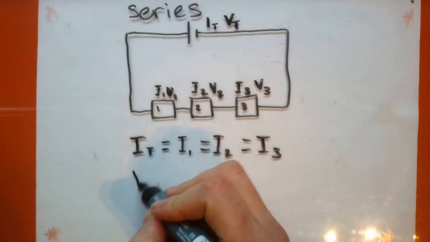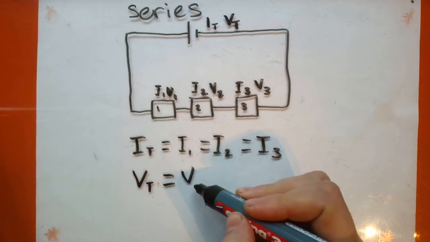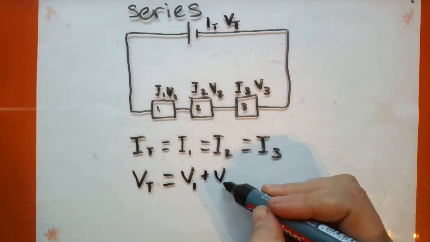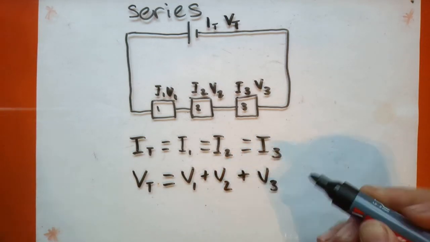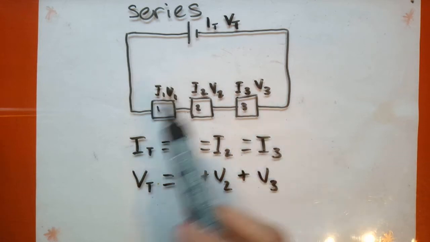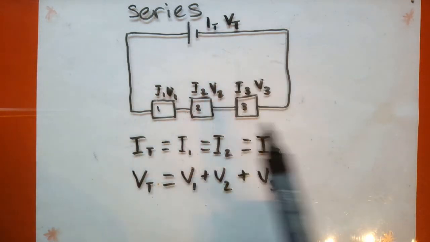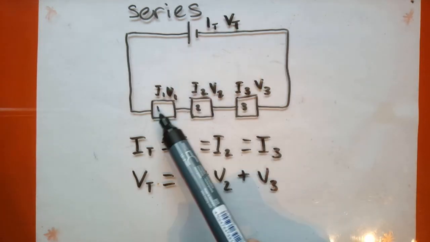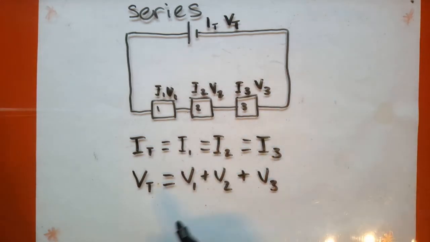So we can write this as V total equals V1 plus V2 plus V3. Now we could take out any of these resistors. If we just have 1, the voltage would be the same here as the total there. If we had 2, we just add V1 and V2. If we had 3 or 4 and so forth.